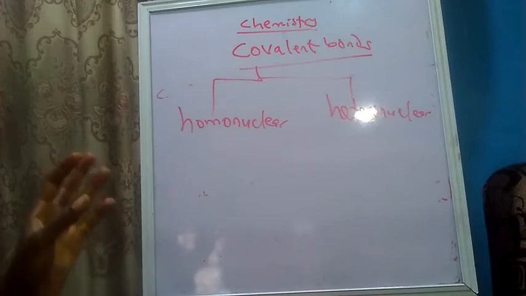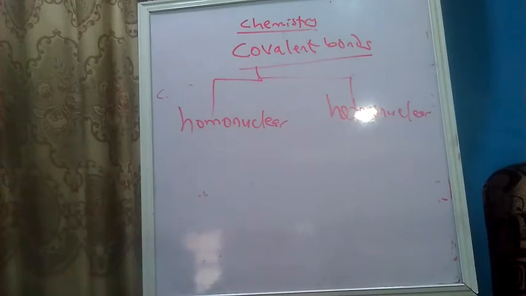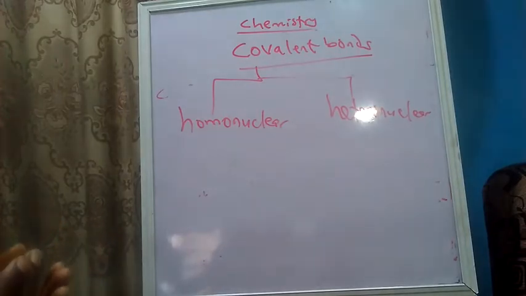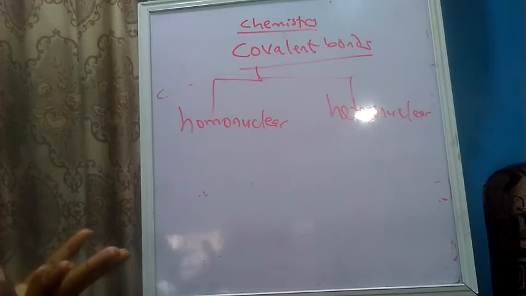Okay, so a covalent bond itself is an interatomic bond, meaning bonds that are formed between two or more of the same or different atoms. Remember, when atoms combine, they form molecules. But in this case, we're looking at the bond that is holding two or more atoms together.